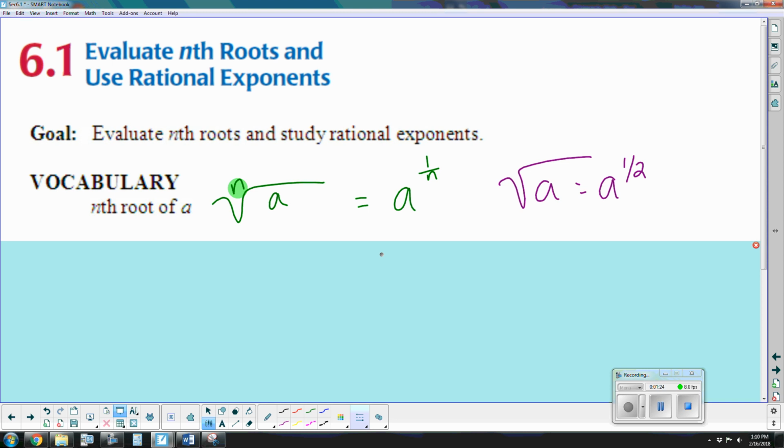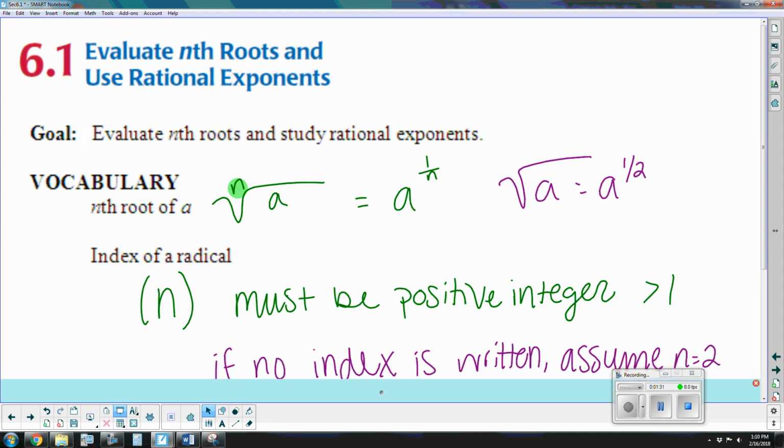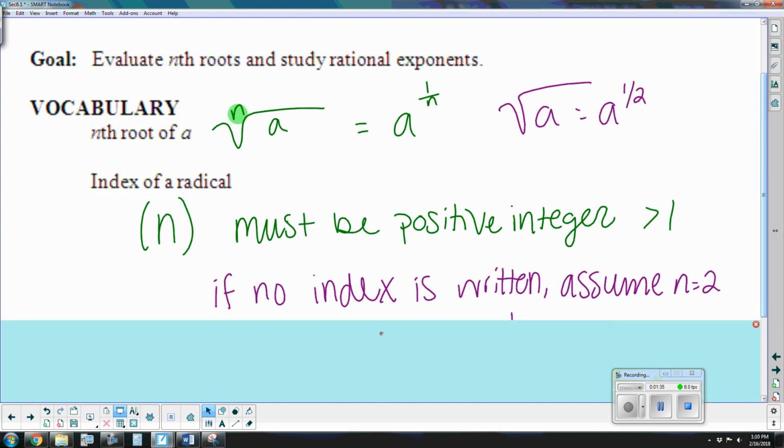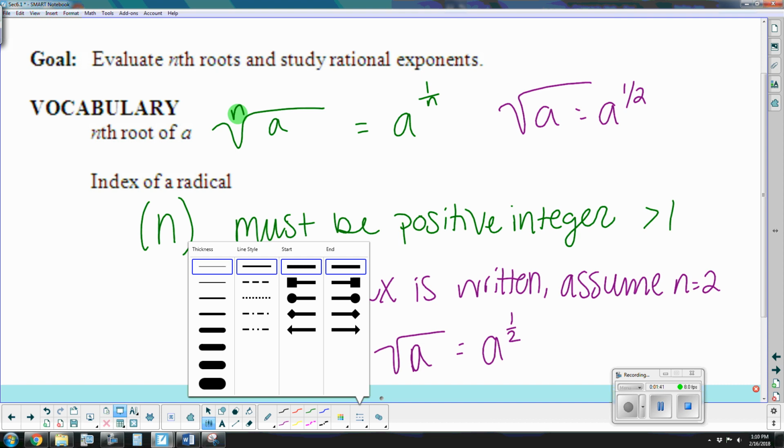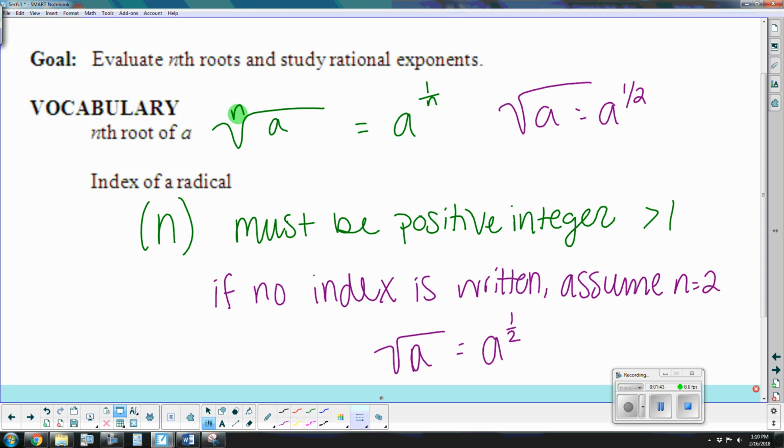But now we're looking at the nth root, and we're saying that n is any positive integer that's greater than 1. So it could be like the 5th root of a, and that's how you would say it.